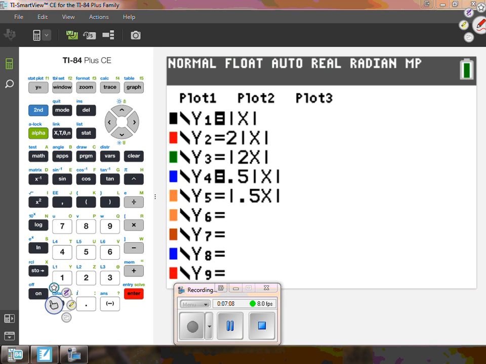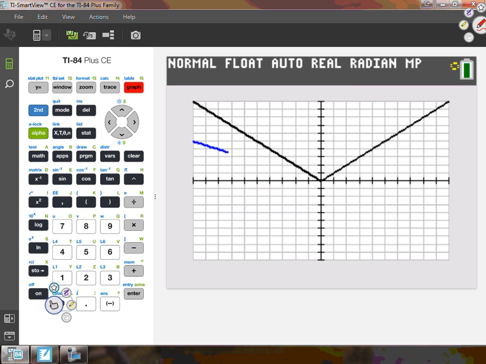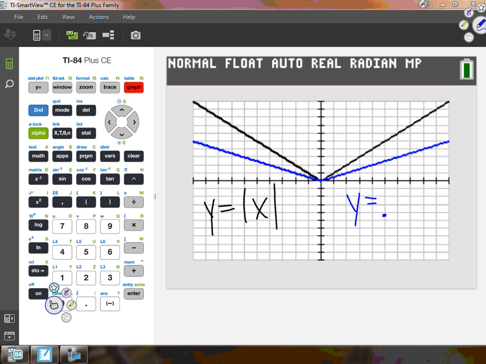Black is the original, blue is the transformed function. All right. Since it's outside the absolute value function, I want you to think about how it affects the output. Outside affects output. How does the outside multiplier affect the output y?